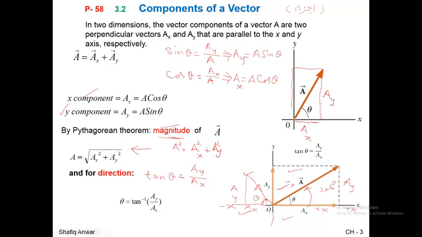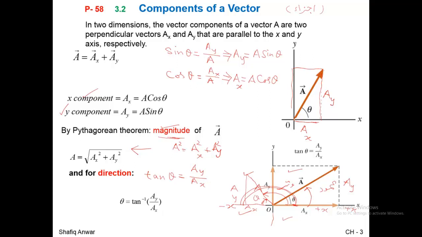Now whenever you are solving the questions, you are being asked to find the direction theta from the positive x-axis, right? If I take this as positive, from here up to here how much total angle? 180. Great.